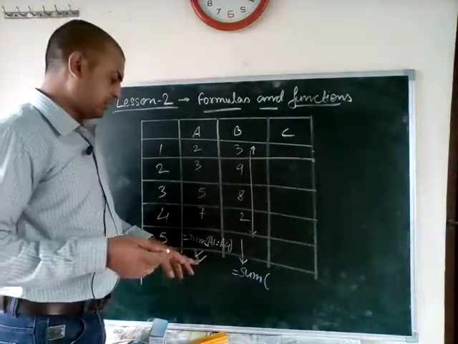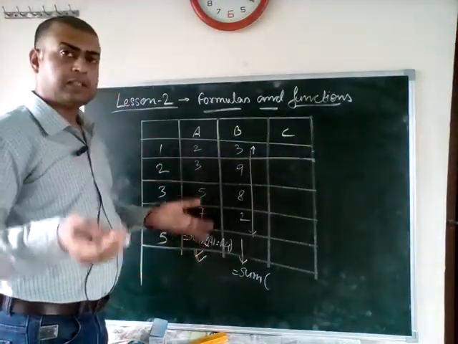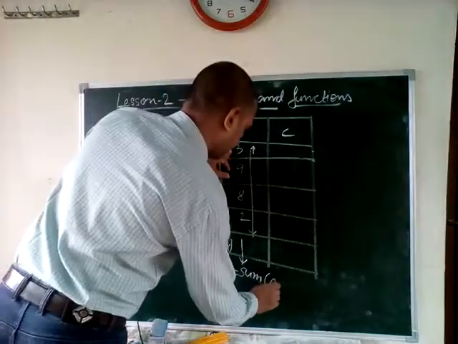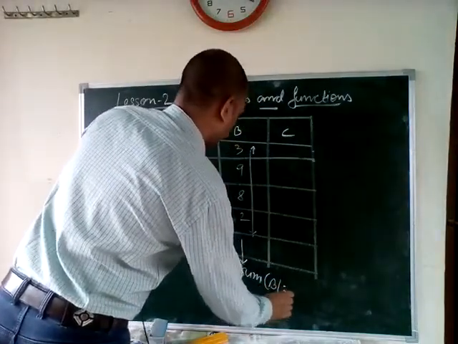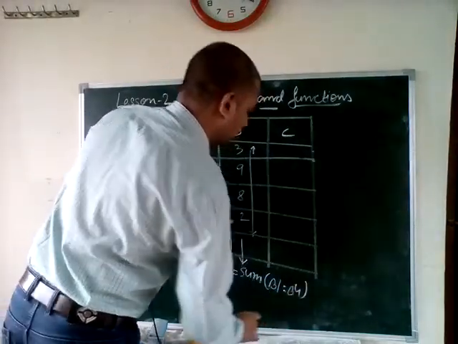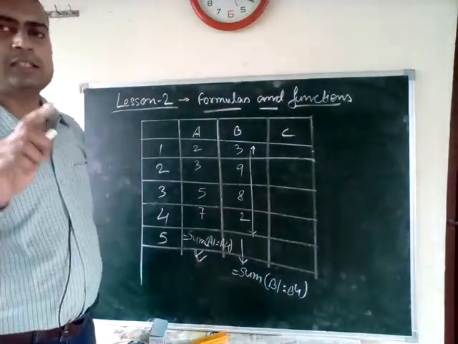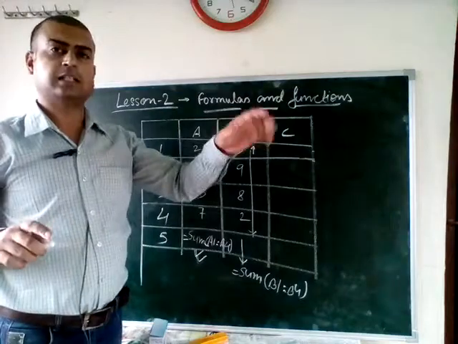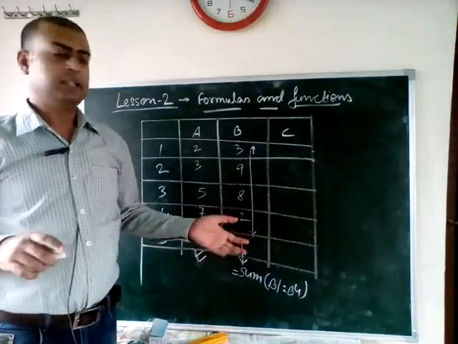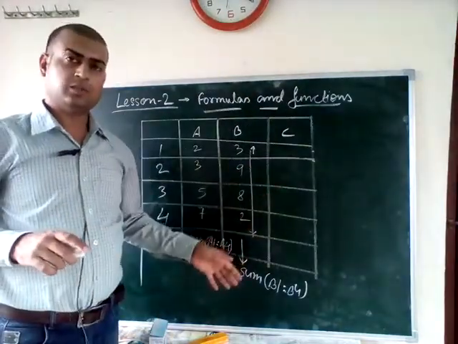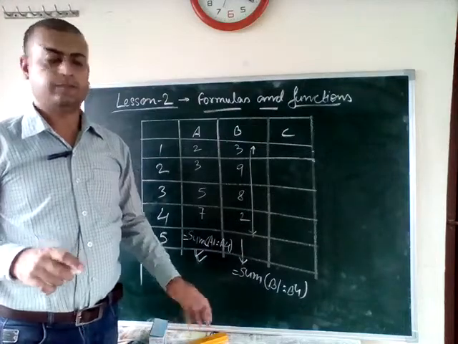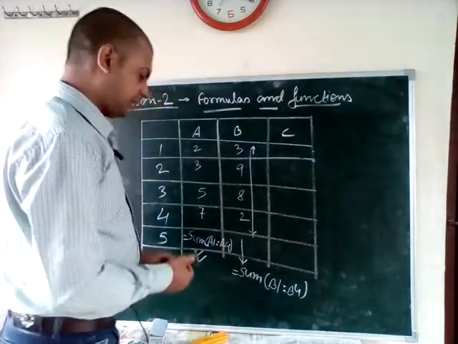No need to write the cell values. Automatically it will show B1 colon B4, and then you have to press enter. So if you select the cell and drag the mouse, it will give you the names of all the cells. This is very easy. Already we have discussed these things.